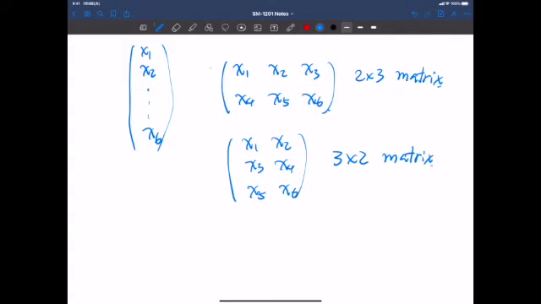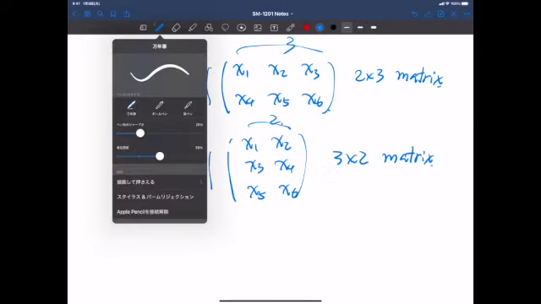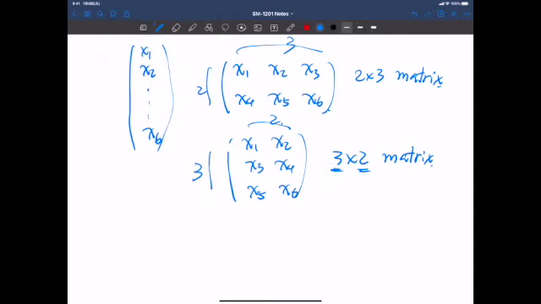So this is 2, this is 3. So this is 3, and this is 2. So the number of rows comes first, 3, 2, or 2, 3. And the number of columns comes next.